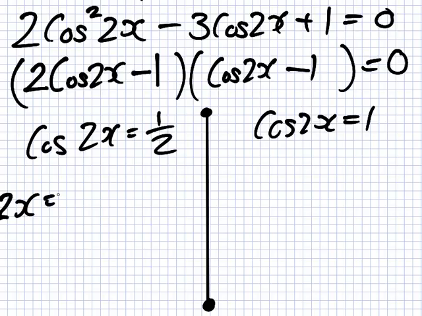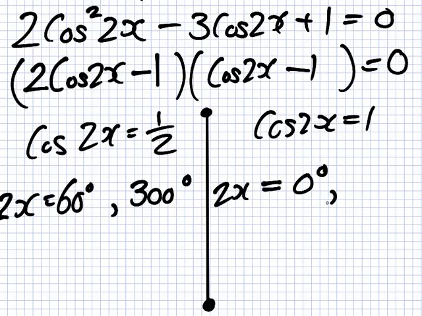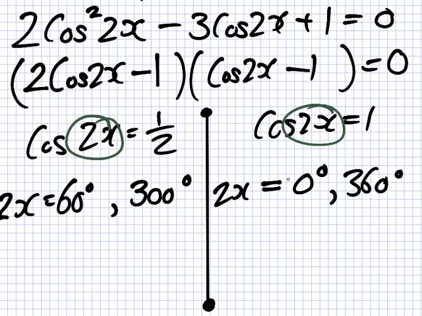So if we hit in cos inverse a half, we'll get 60 degrees. How do I get the second answer? Yeah, 300. Here, cos inverse of 1 is 0, and 360 minus 0. How many answers should there be for 2x? 4 here. How do I find the extra answers? Add 360.